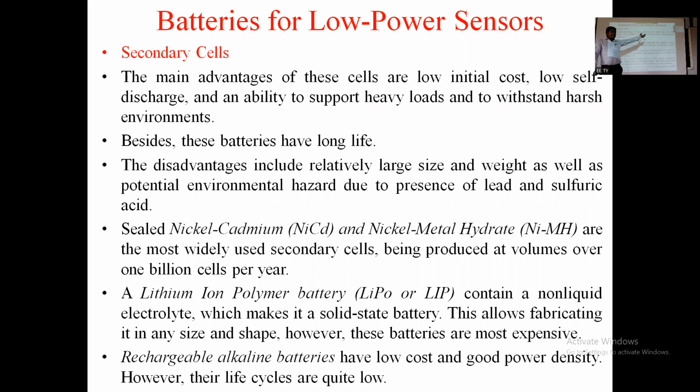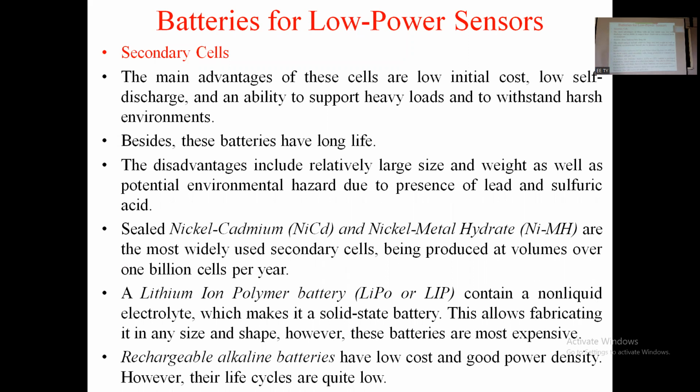The cost of this battery, whose size is small and capacity is more, is low initially. Because of its high capacity, its power delivering current is high, so it supports heavy loads. It also withstands harsh environments, that means where dirt and dust are present, it is still suitable.